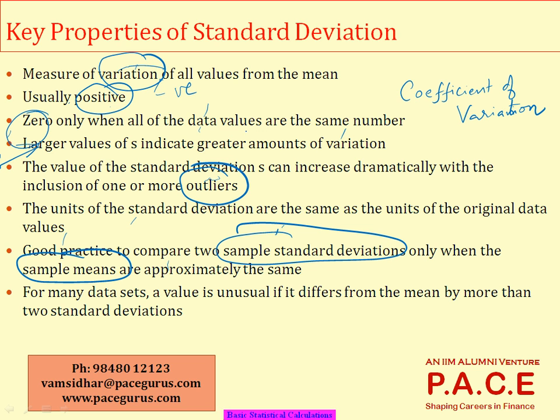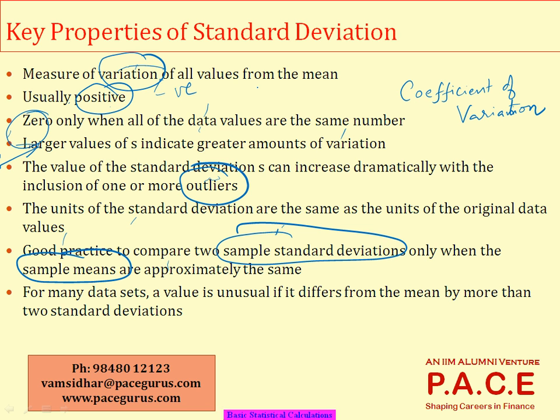So as a practice, we have to remember: if one of them has a standard deviation of 10 meters and the other has a standard deviation of 25 meters, I cannot say that the dispersion in the first one is lesser than the dispersion in the second. That statement can be made only when their means are approximately the same. If they are different, then we have to resort to the calculation of the coefficient of variation, not the direct standard deviation.